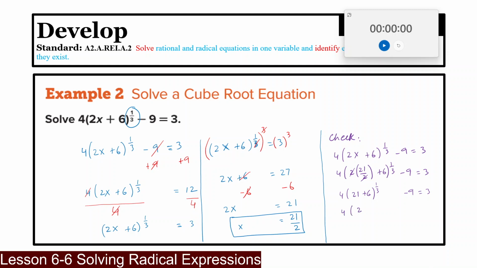So 4 times 27 raised to 1/3 minus 9 equals 3. 27 raised to 1/3 is the same thing as saying the cube root of 27 minus 9 equals 3. Well, what is cube root of 27? The cube root of 27 is 3.